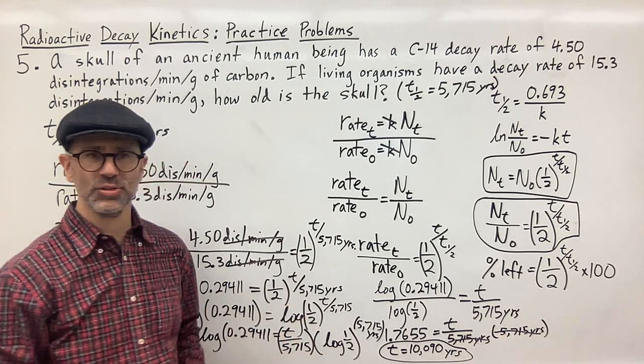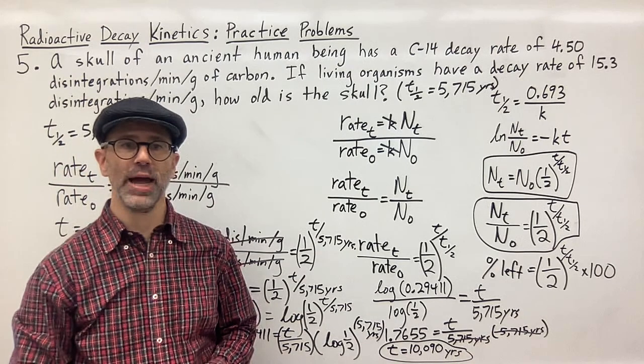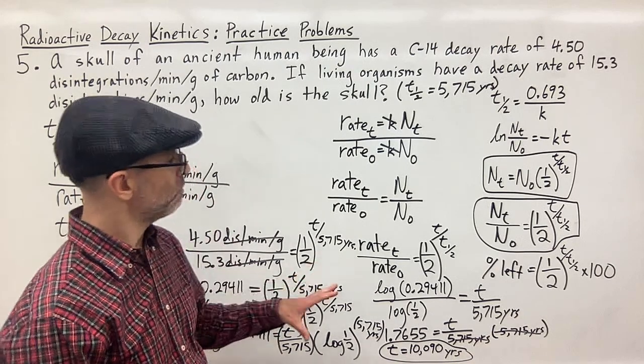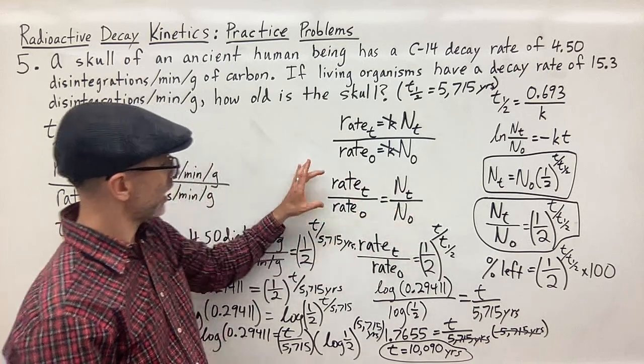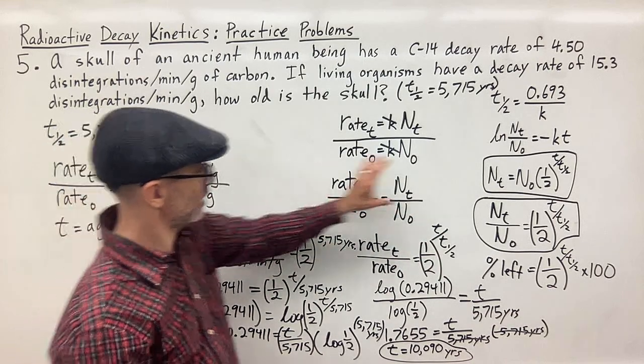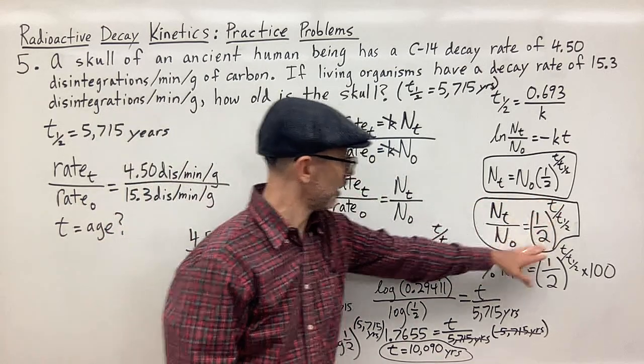And so I hope this is helpful. That's how you go about solving this type of problem if you have rates. So remember, if you have rates instead of substances, you can substitute the rates in for the substances to use this equation here.